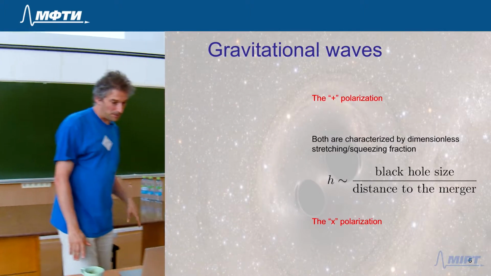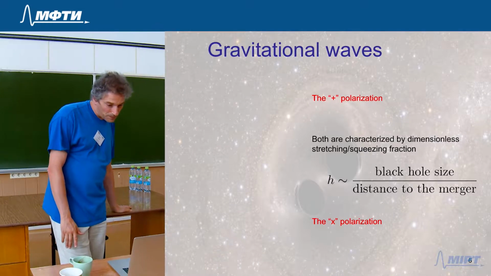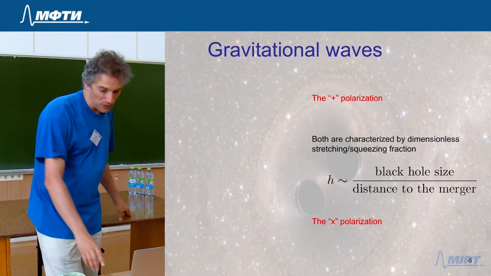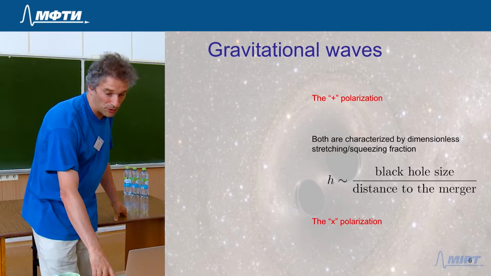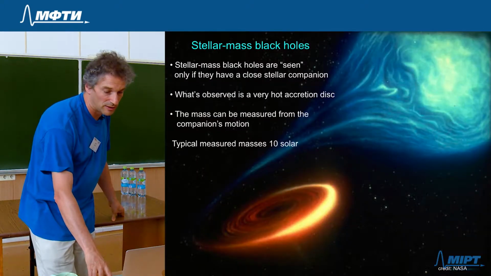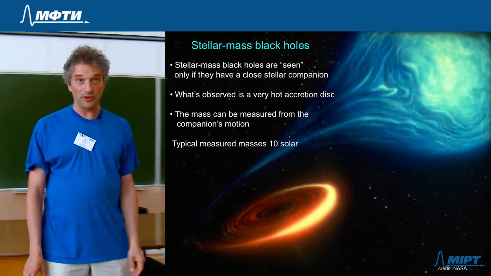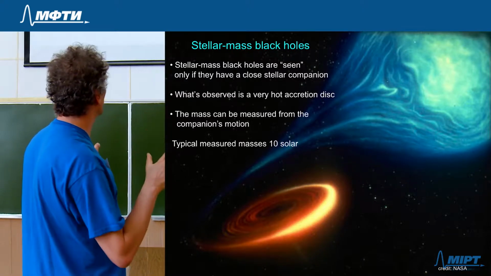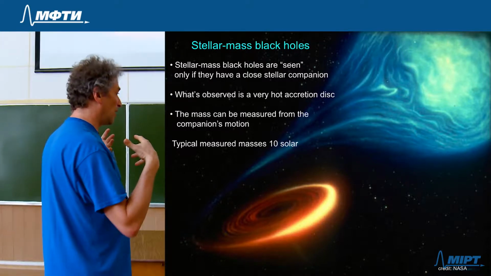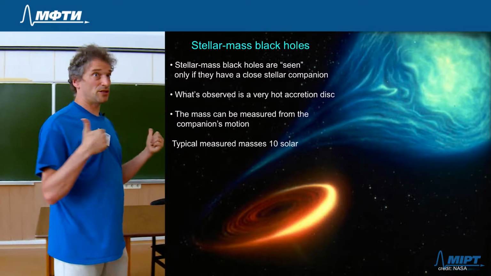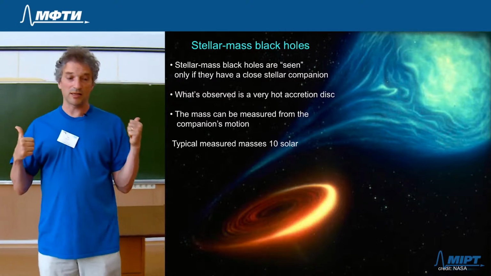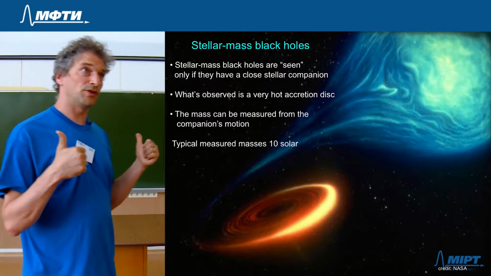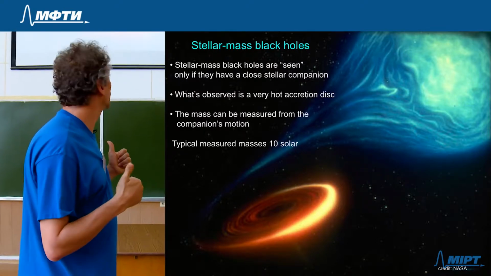Now, I want to give you the number for what you would expect for an astrophysical black hole. Before LIGO, we only had experience with X-ray binaries which contained black holes in our galaxy. This is a cartoon of what this type of X-ray binary looks like.